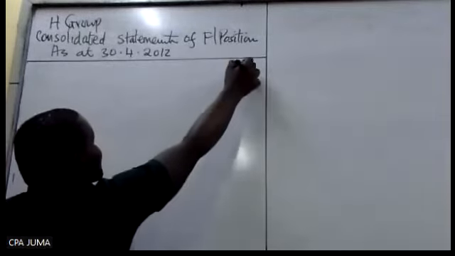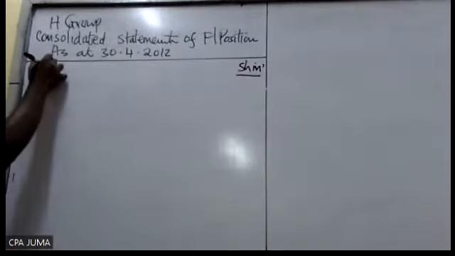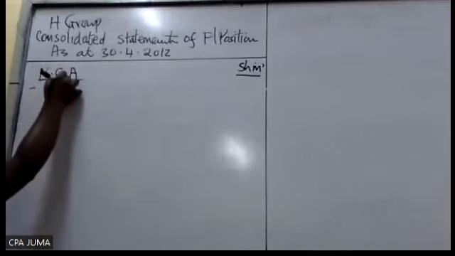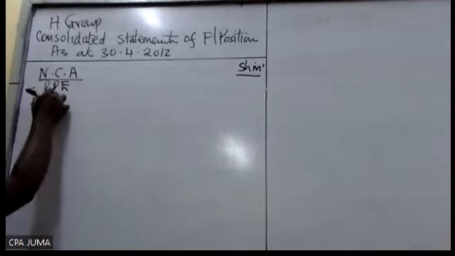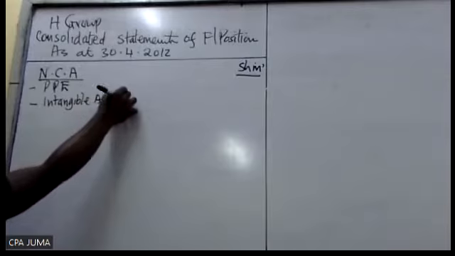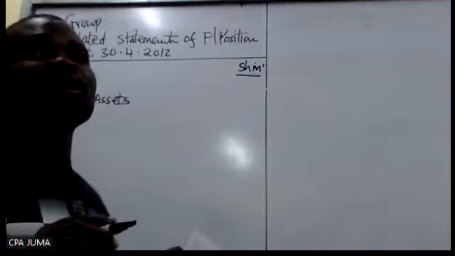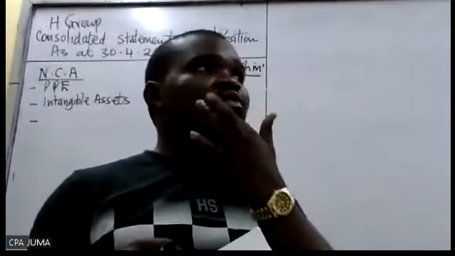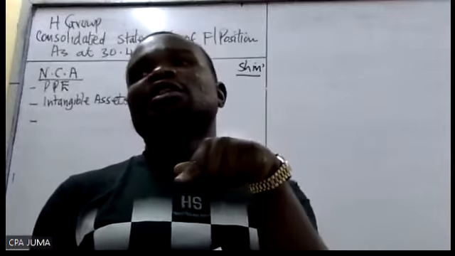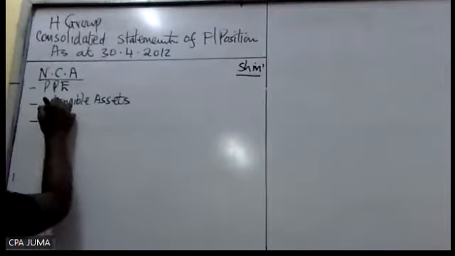So to save time, non-current assets and current assets. PPE, intangible assets, investments. Investment in subsidiary, the investment is what we have invested in our investee companies. What you have invested in the subsidiary should always be replaced with what?